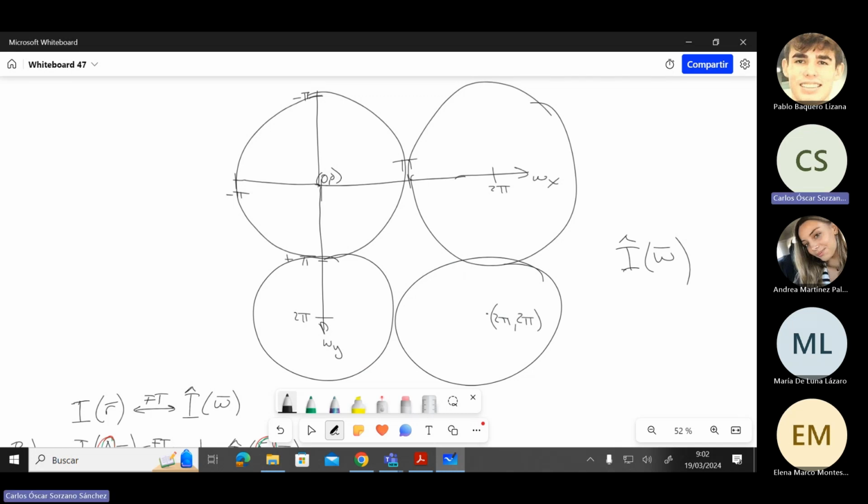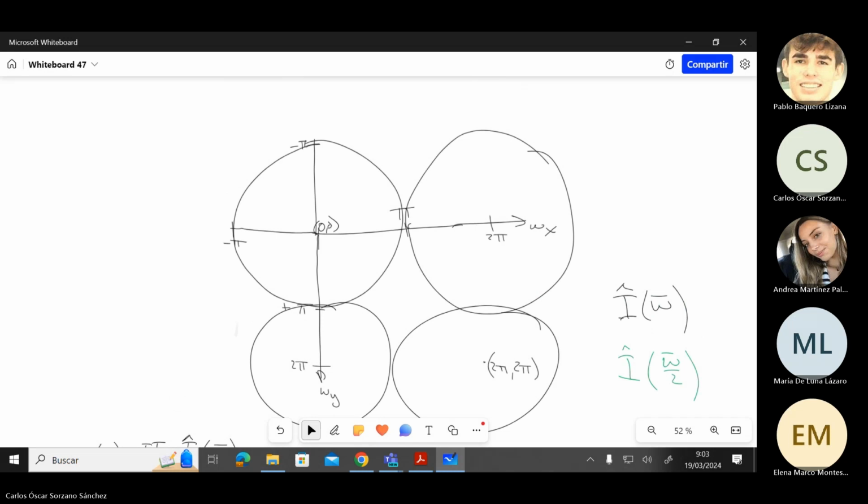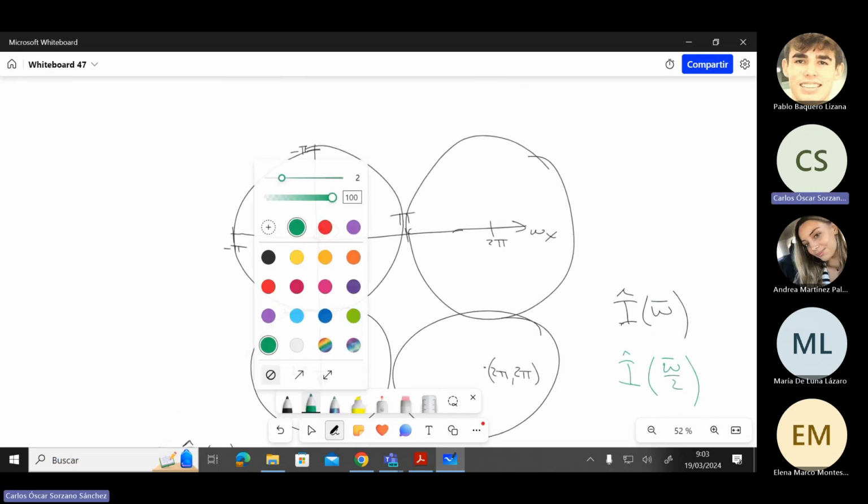Now, I have my downsampled image. I have to expect that it is omega half. So this omega half is making it bigger. So now this one will be bigger.